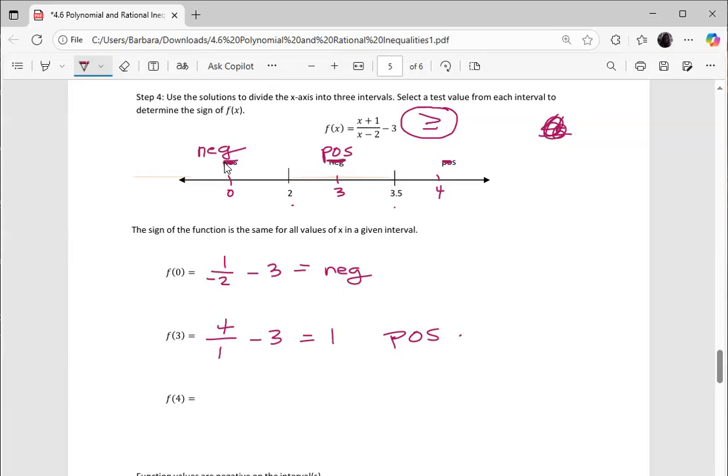So f of 4 is 5 over 2 minus 3, which is 2.5 minus 3, which is going to be negative. Okay, and so we can see that the interval where this rational function is positive is going to be in the middle.